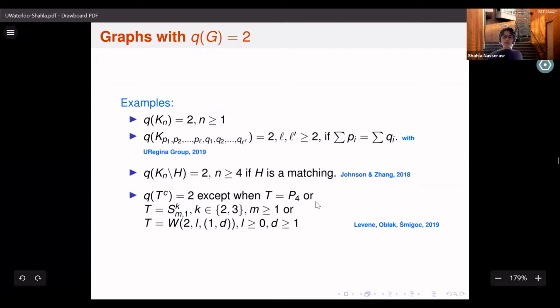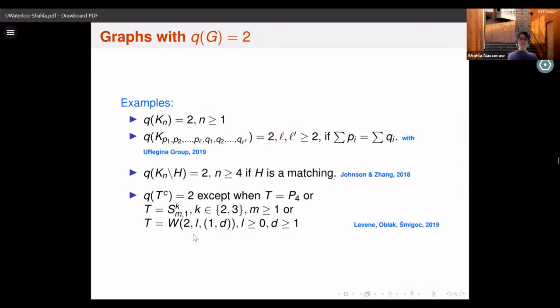If T is not a path on 4 vertices, and T is not this graph, where S_{m,1,k} is basically a path with m pendant vertices hanging from one end, so you can think of a star where one of the edges is a path instead of a single edge, and this other one is basically a rooted tree of depth 2. So if you take away those, then Q of the complement of all other trees is simply 2.